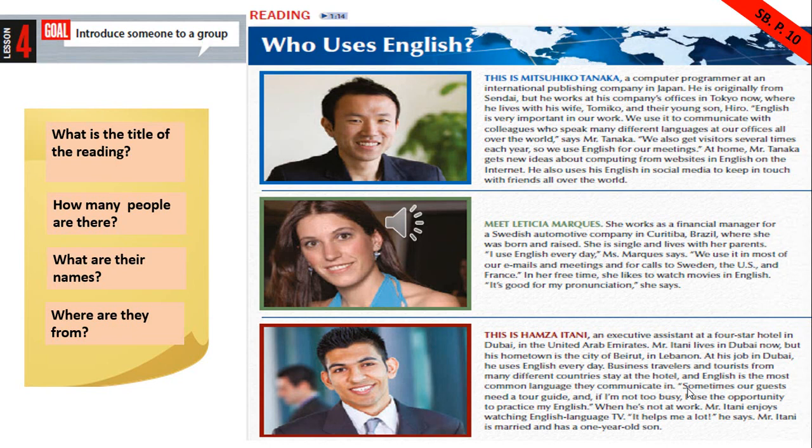Business travelers and tourists from many different countries stay at the hotel, and English is the most common language they communicate in. Sometimes our guests need a tour guide, and if I'm not too busy, I use the opportunity to practice my English. When he's not at work, Mr. Itani enjoys watching English language TV. It helps me a lot, he says. Mr. Itani is married and has a 1-year-old son.